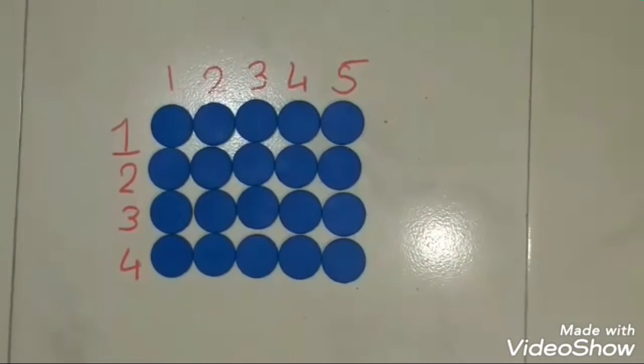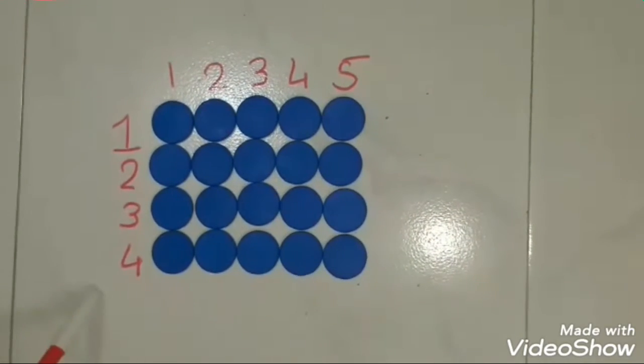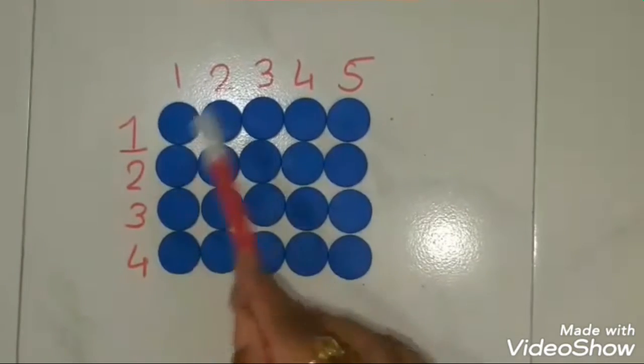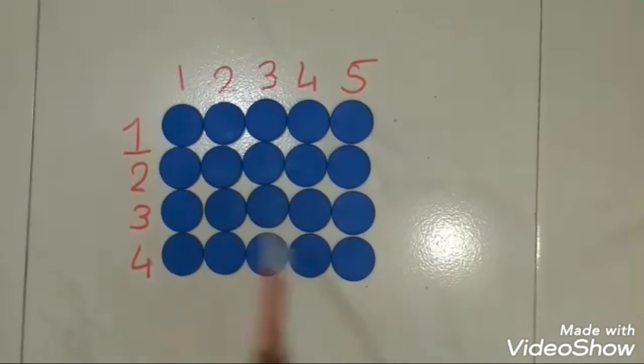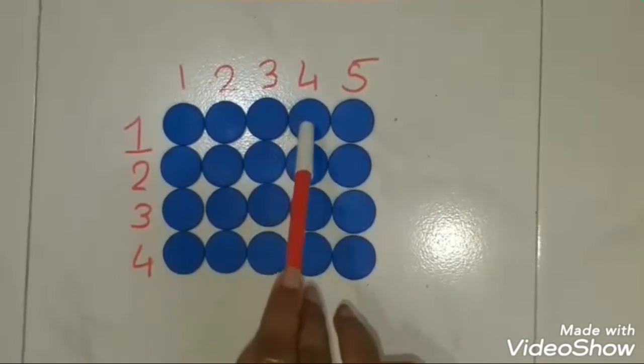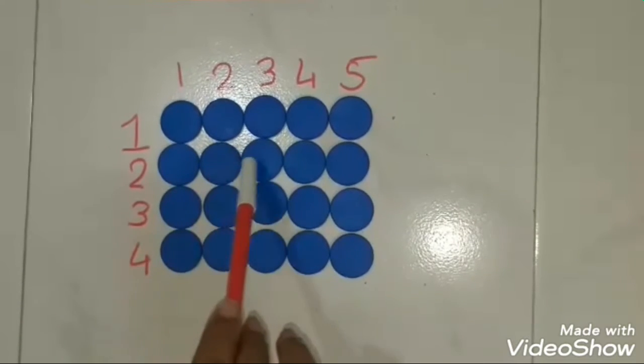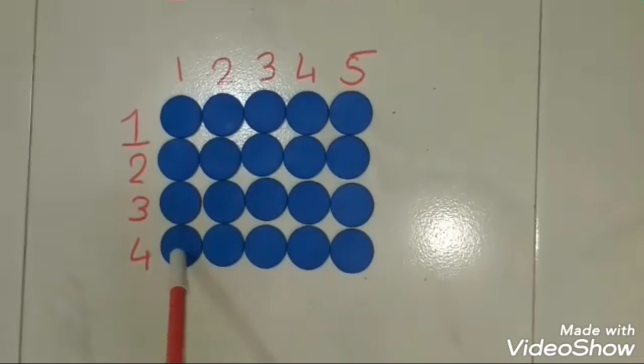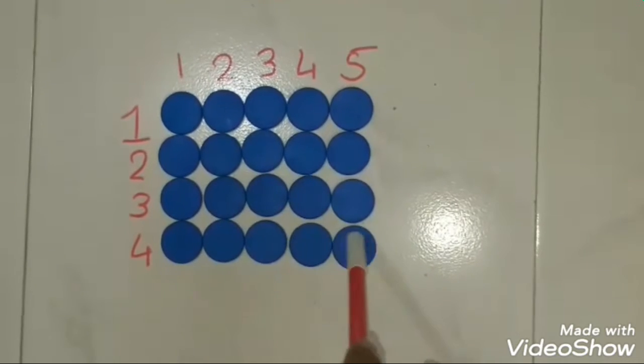So, here you can see 4 rows and 5 columns. Now how many counters are there in total? 1, 2, 3, 4, 5, 6, 7, 8, 9, 10, 11, 12, 13, 14, 15, 16, 17, 18, 19, 20. Now I have 20 counters.